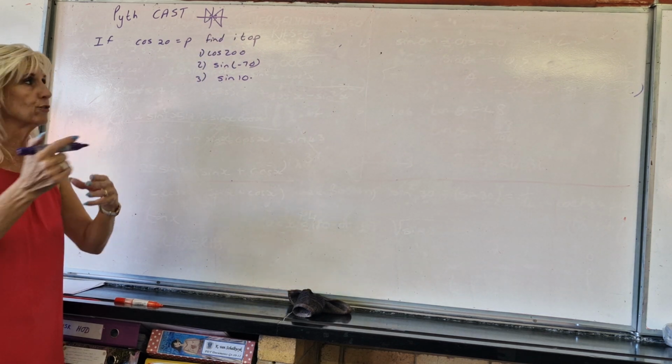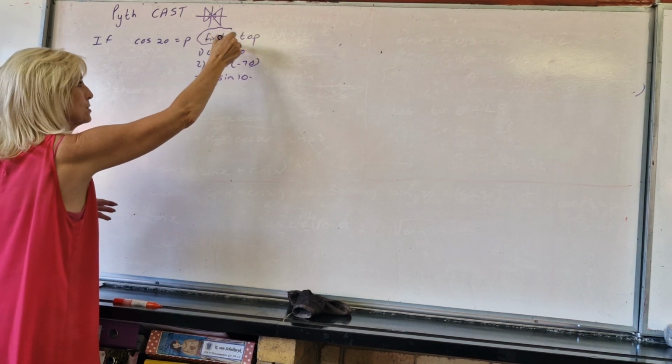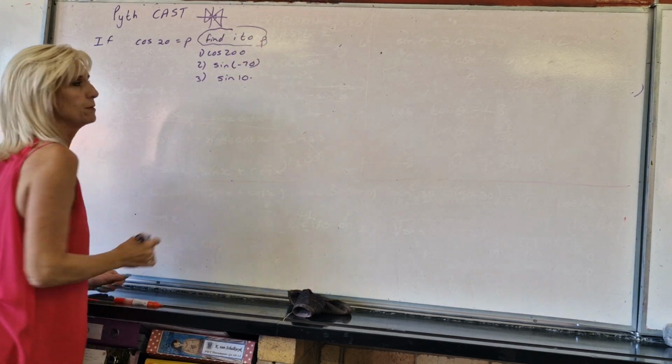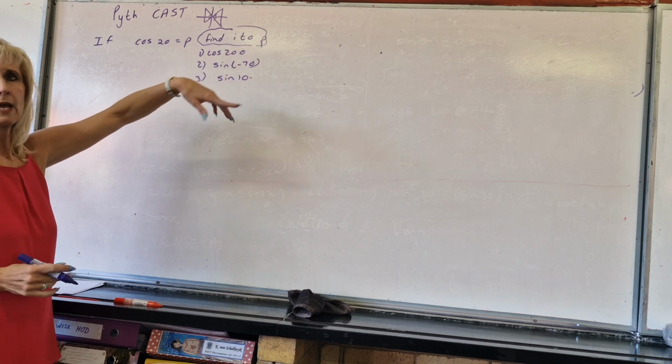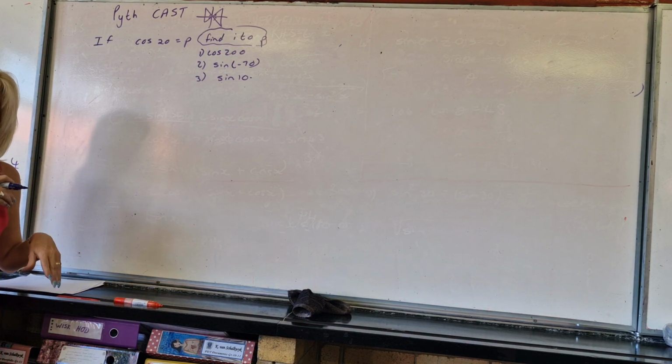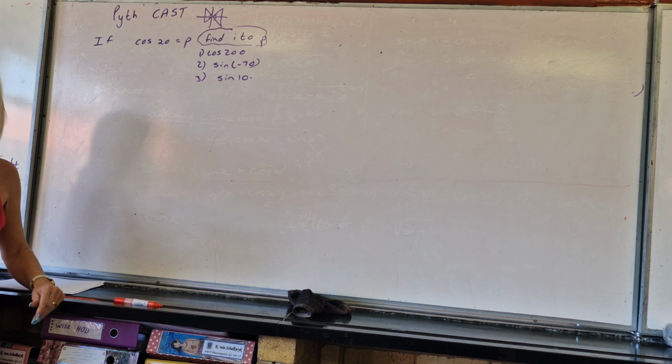Does it come back to you? Find in terms of. And it doesn't have to be P, and that's my own abbreviation, in terms of K, in terms of whatever. You should know after studying it a lot last year that this is the Pythagoras last one.